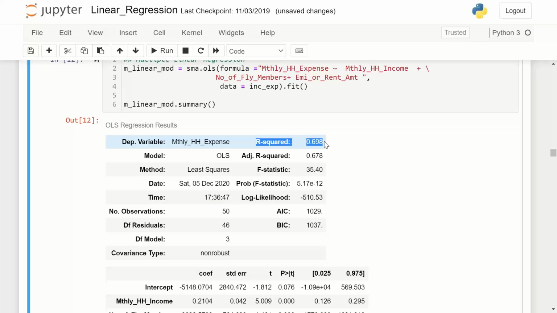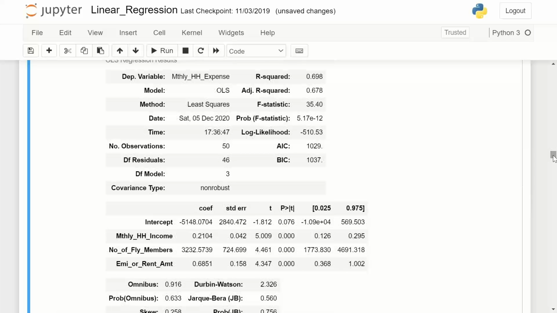Now, let us also focus. What is this another statistic, adjusted R squared, given just below it? There's R squared. They've given one more statistic, adjusted R squared. What is this adjusted R squared? The point is, when we build a multiple linear regression model, we use adjusted R square as a model performance measure and not R square.